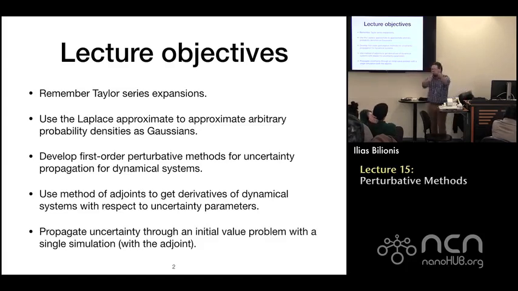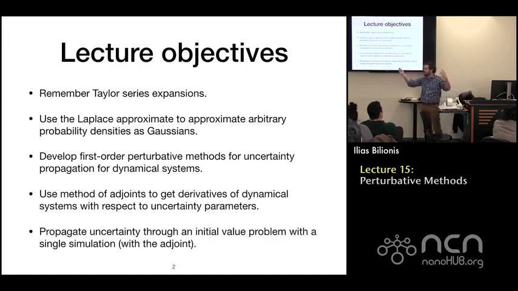Okay, so to wrap it up, Taylor series expansion is the basis of everything. Calculus 101 or high school is where you should have learned about it. Then the Laplace approximation is basically a way to approximate any probability density with a Gaussian. We're going to develop it. And then first order perturbative methods will allow us to propagate uncertainties through models fast, meaning with one simulation, but there is a catch.